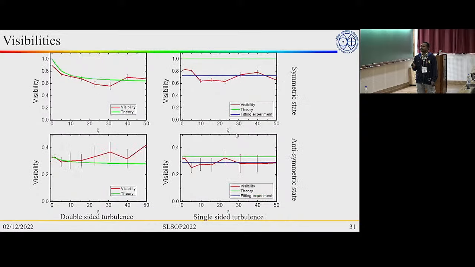And here are the visibilities for the symmetry case. As you increase the turbulence strength, it goes down. This is for the single-sided, this is for the double-sided, and these are for the antisymmetry case. Even after I increase the turbulence, I am not seeing any effect on the visibility.